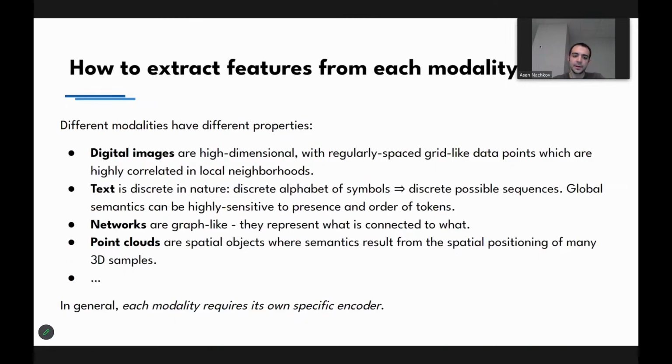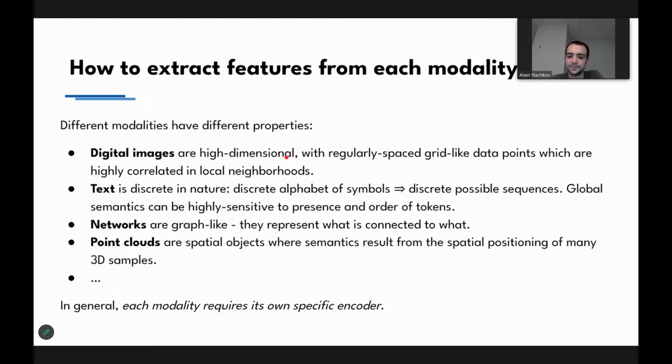So in terms of how to extract different features from different modalities, the most straightforward answer I can give you is that each modality requires its own specific encoder. Because different modalities can be quite different. Digital images, as we saw, are very high dimensional.